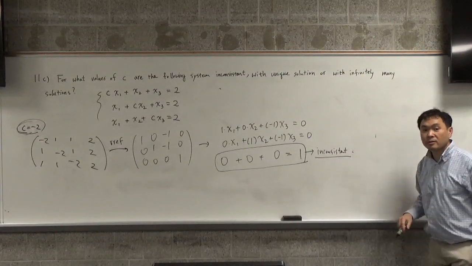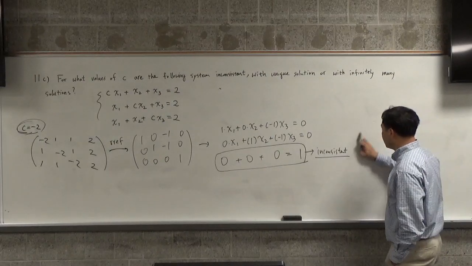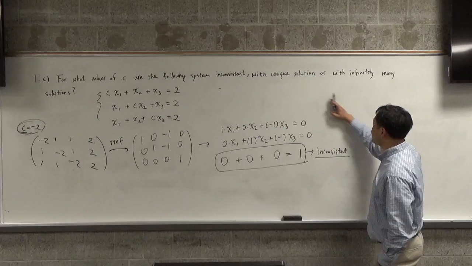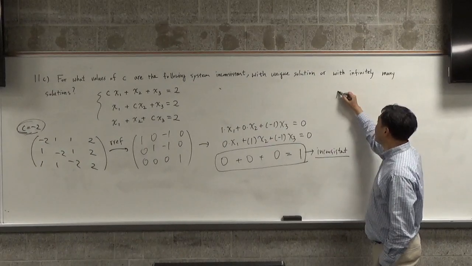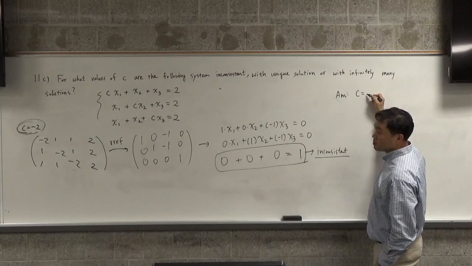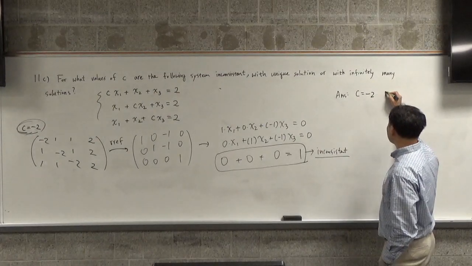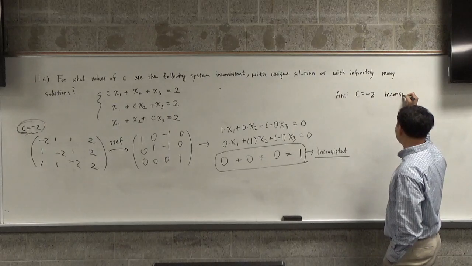Therefore, the final answer is: if c is equal to negative 2, the system is inconsistent.